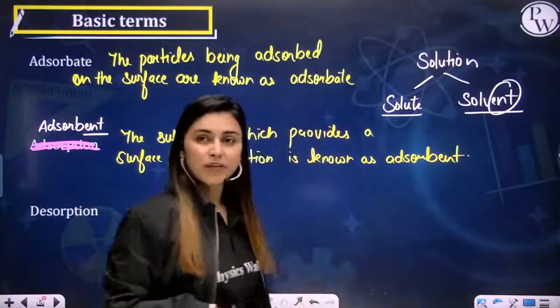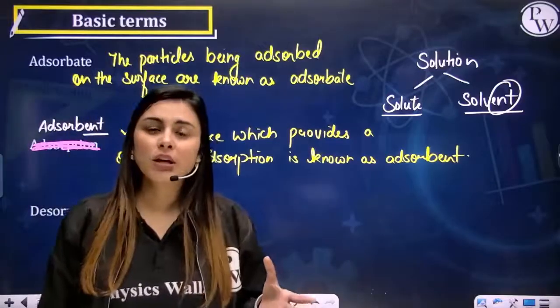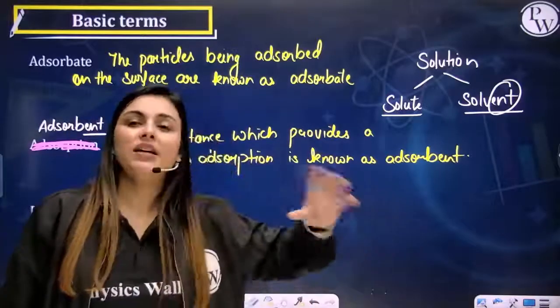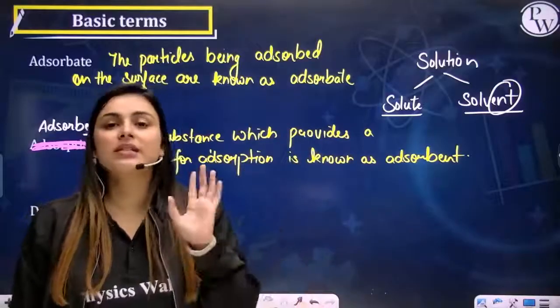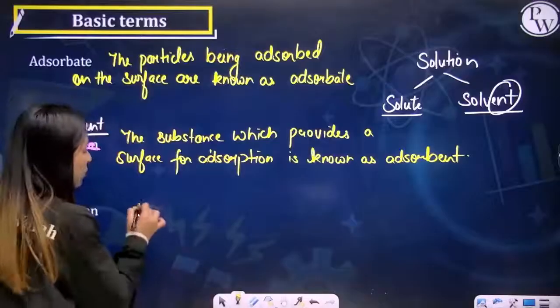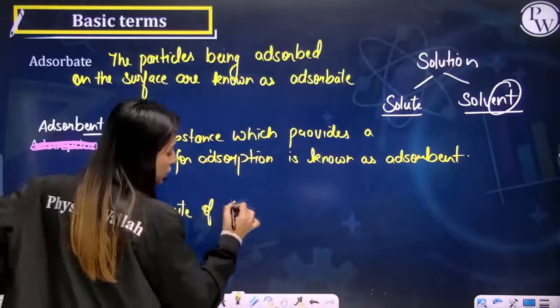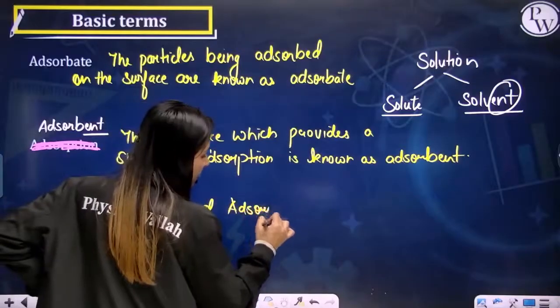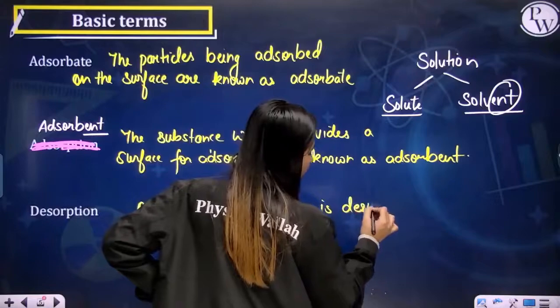Okay, perfect. What is desorption? The removal of the particles from the surface. That is, the opposite of adsorption is desorption. So can we say that opposite of adsorption is desorption?